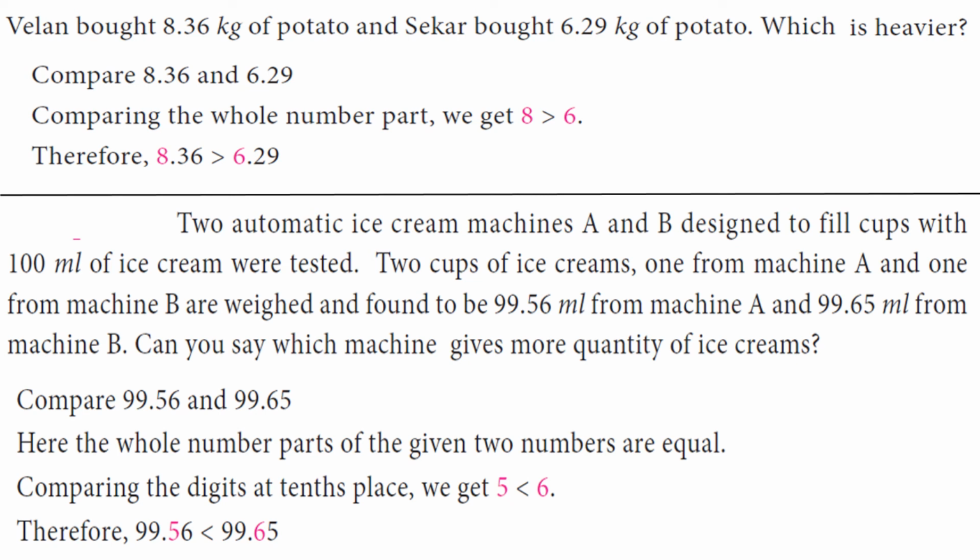So here the given data is 99.56 and 99.65, we have to compare the whole number part, that is equal. So comparing the 10th digit, 5 is less than 6, therefore 99.56 is less than 99.65. Therefore the machine that gives more quantity is machine B. Clear?